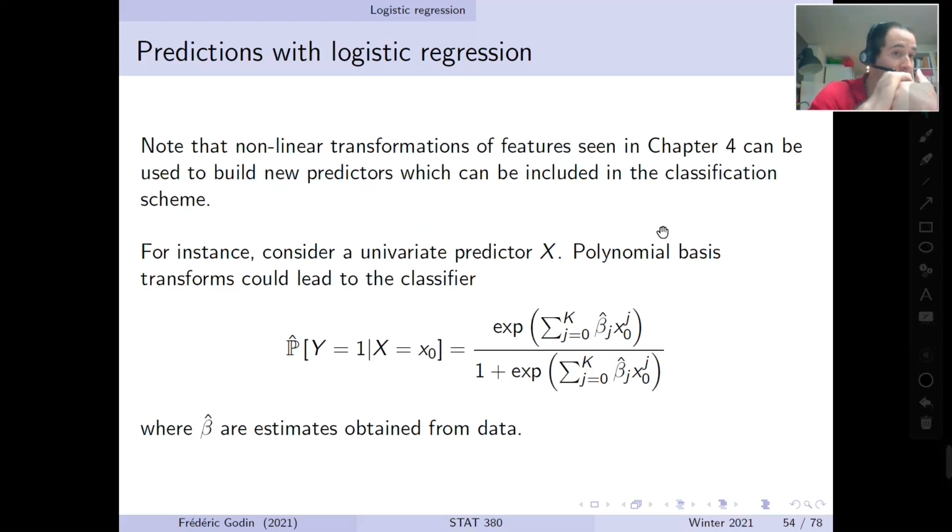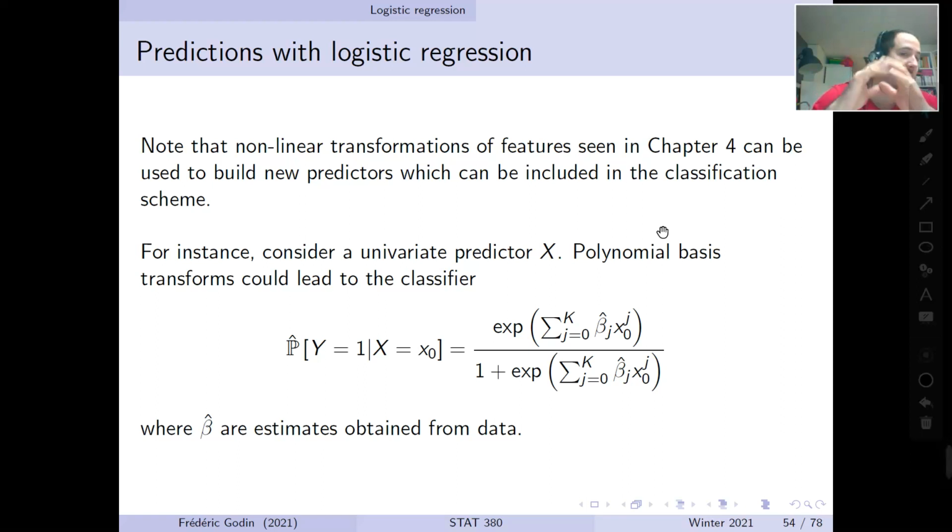This is with original predictors, but exactly as we did in chapter 4 or even chapter 3 with polynomial regression, we can take an original data set and design additional predictors which are transformations of the original predictors, so as to increase the flexibility of the model.